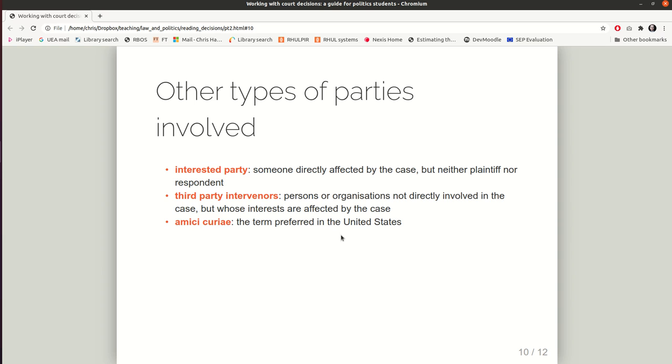It's just that third-party interveners is the language preferred in the UK, and amici curiae is the term preferred in the United States. Amici curiae just means friends of the court, because they're supposed to be helping the court reach its decision.